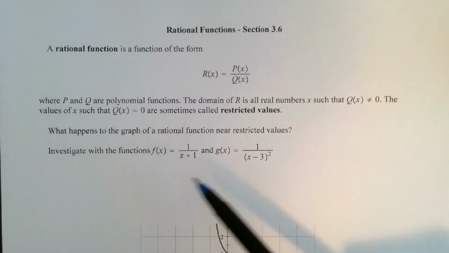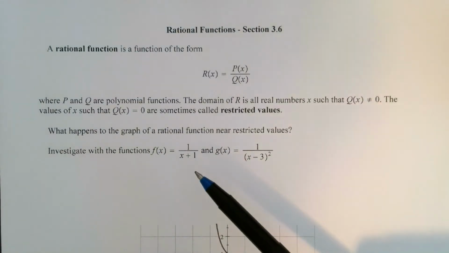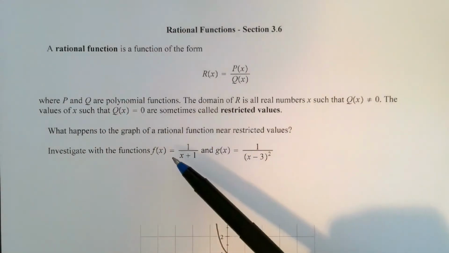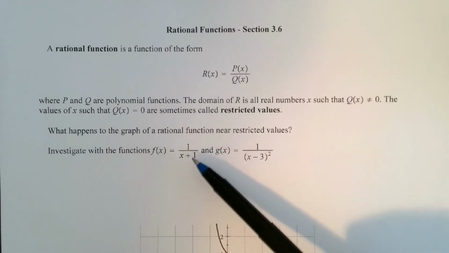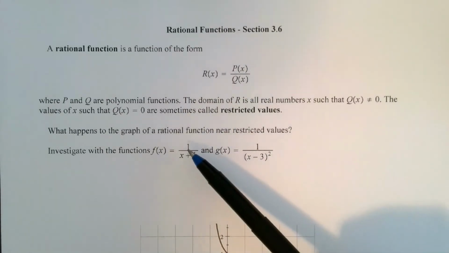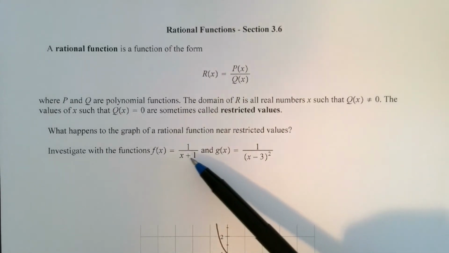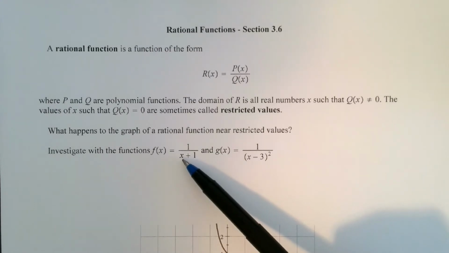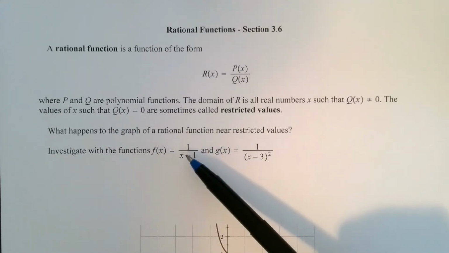Well, I want to investigate two functions that are rational functions. f of x here is 1 divided by x plus 1. Now, 1 is a polynomial function of degree 0. p of x is 1 in this case. The denominator, q of x, is a polynomial of degree 1. And let's just think about this.